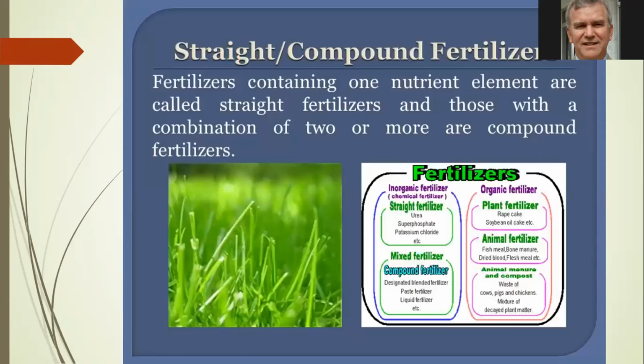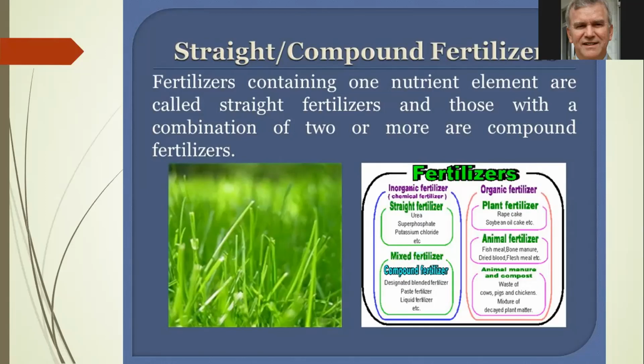So a little bit more about fertilizers. Fertilizers containing one nutrient element are called straight fertilizers. And those with a combination of two or more are compound fertilizers. So in the text at the bottom, you'll see on the left-hand side, inorganic fertilizers.